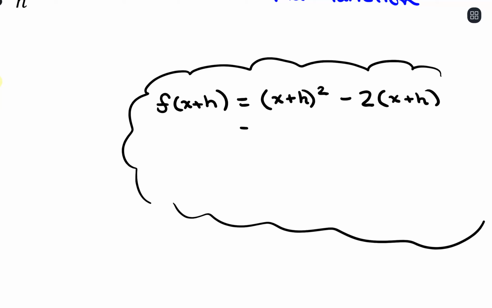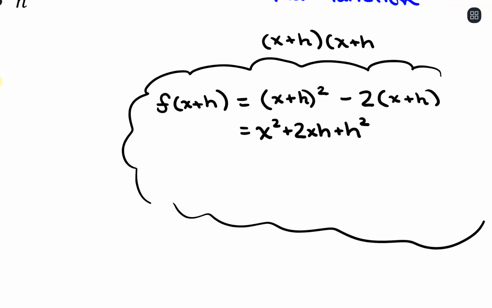So for this x plus h quantity squared, we're going to need to FOIL that out, and we should be getting an x squared plus 2xh plus h squared. And that's coming from evaluating the multiplication of x plus h times x plus h, and then FOILing.